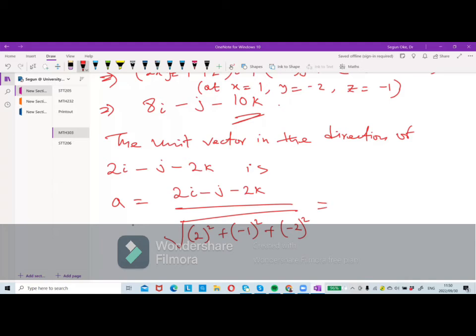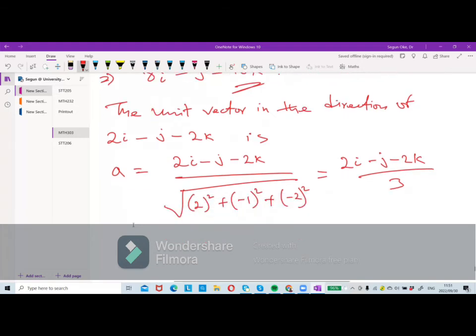If you do that, you have 2i minus j minus 2k over 3, because this is 9, and the square root of 9 is 3.